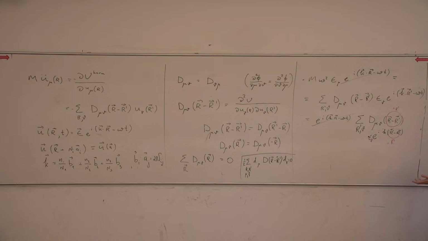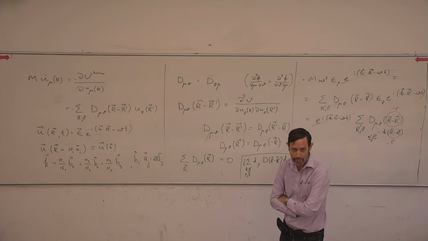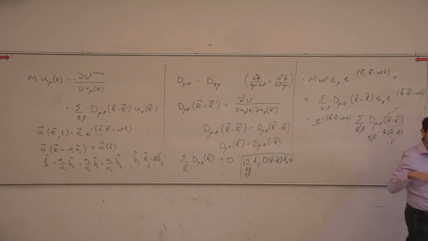How do I Fourier transform a matrix? I Fourier transform each component. That's essentially what's written here. If you don't believe me, just write down explicitly for mu and nu each component and see.